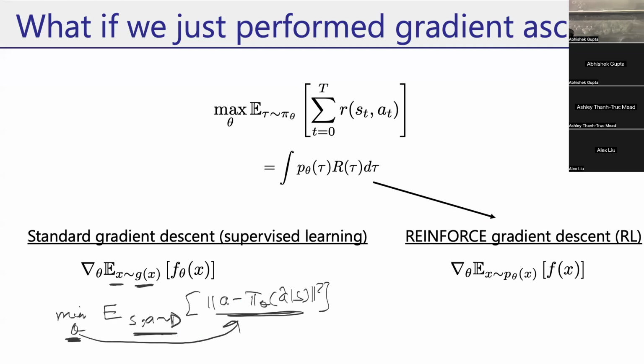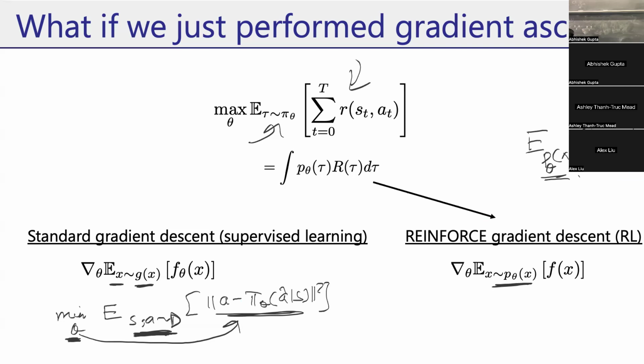Whereas in the policy gradient, if you look at this objective, the thing that you're taking the gradient with respect to is not the thing inside the expectation, it's the thing that you're taking the expectation with respect to. So if we think of E of x sampled from P of x, f of x, supervised learning has the theta dependence inside the expectation, and in reinforcement learning, theta dependence is in the thing you take the expectation with respect to.